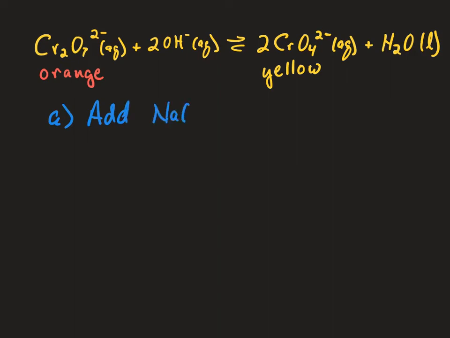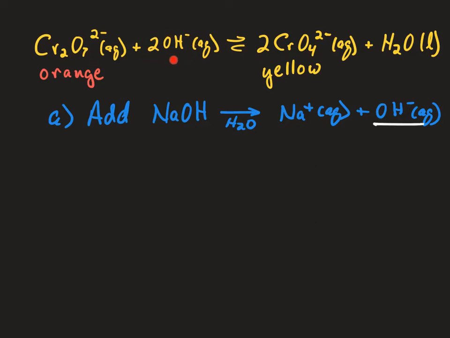And so our first question is, what's going to happen to our reaction if we add sodium hydroxide? We know that sodium hydroxide, when we put it in water, is a strong electrolyte, and it will dissociate into sodium ions and hydroxide ions. Those hydroxide ions will add to the number of hydroxide ions in solution.